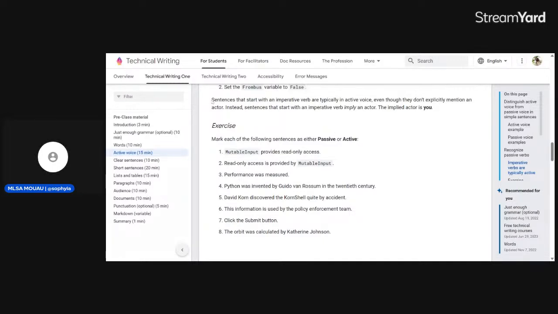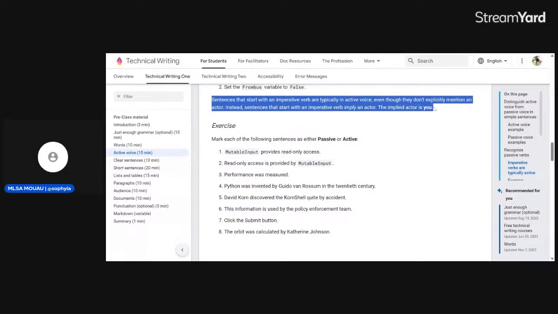So here is another useful tip. Sentences that start with an imperative verb are typically in an active voice, even though they don't explicitly mention an actor.